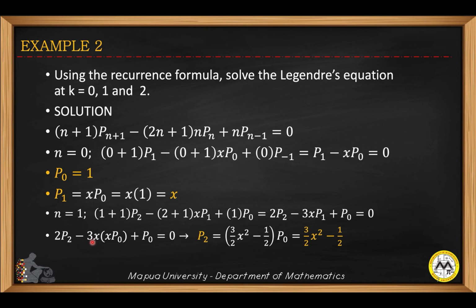We transpose, and you get 3x squared, since P sub 1 is x, minus P sub 0, and P sub 0 is 1. Simplifying, solving for P sub 2 will give you 3 halves x squared minus 1 half.